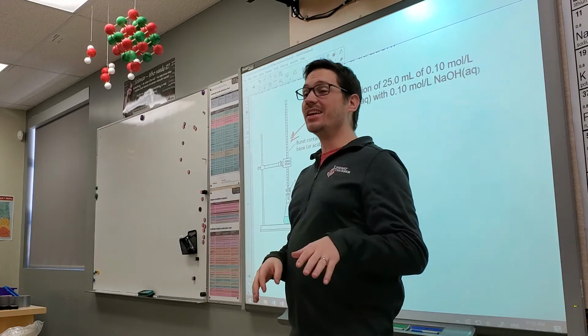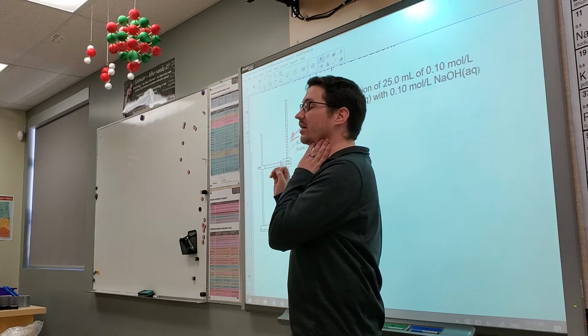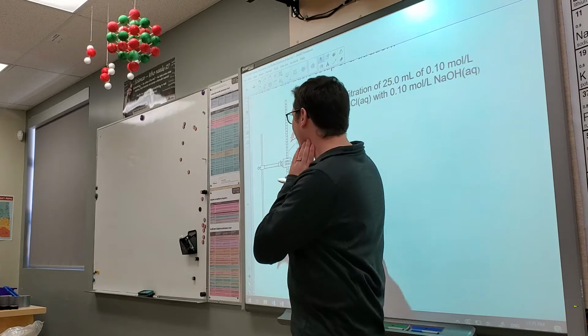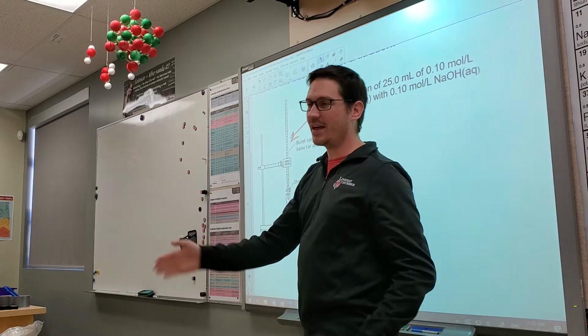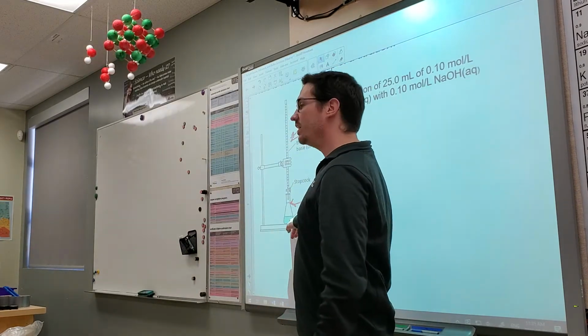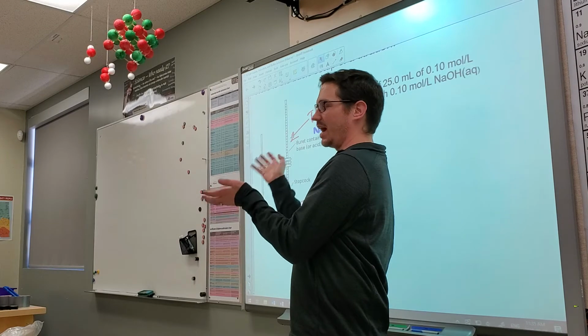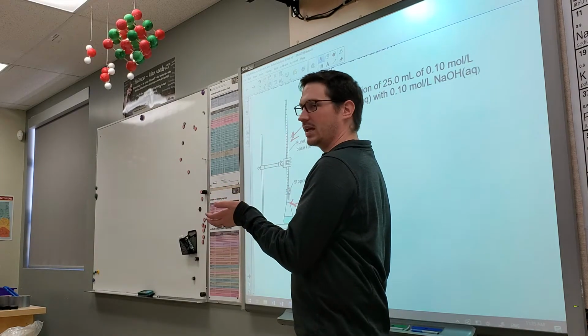Now in reality, what we usually do on the first trial of a titration, we open it up full blast and we let that thing rip. We just let it go, and we let it go until we know approximately how much titrant was needed. Did you ever do that in Chem 20? Yes.